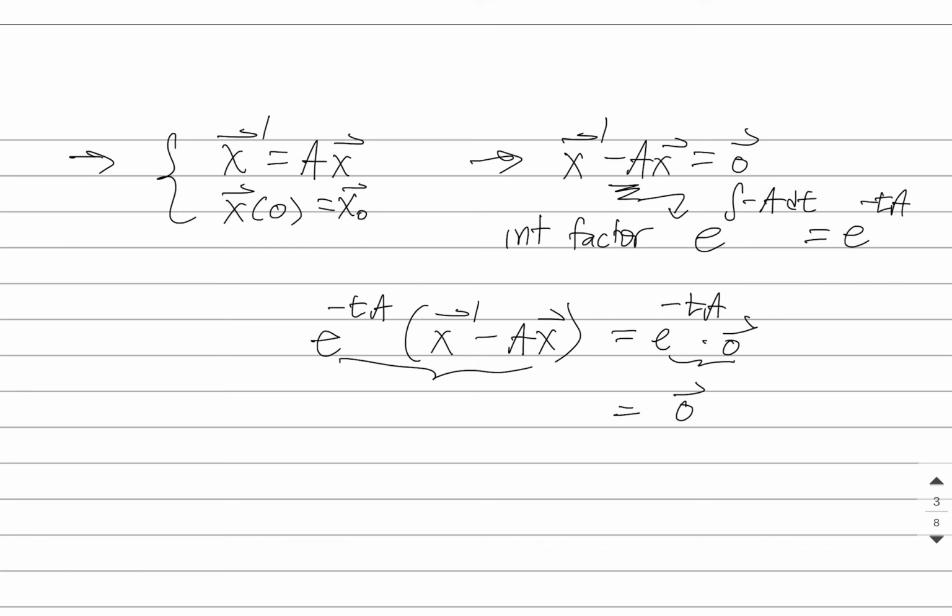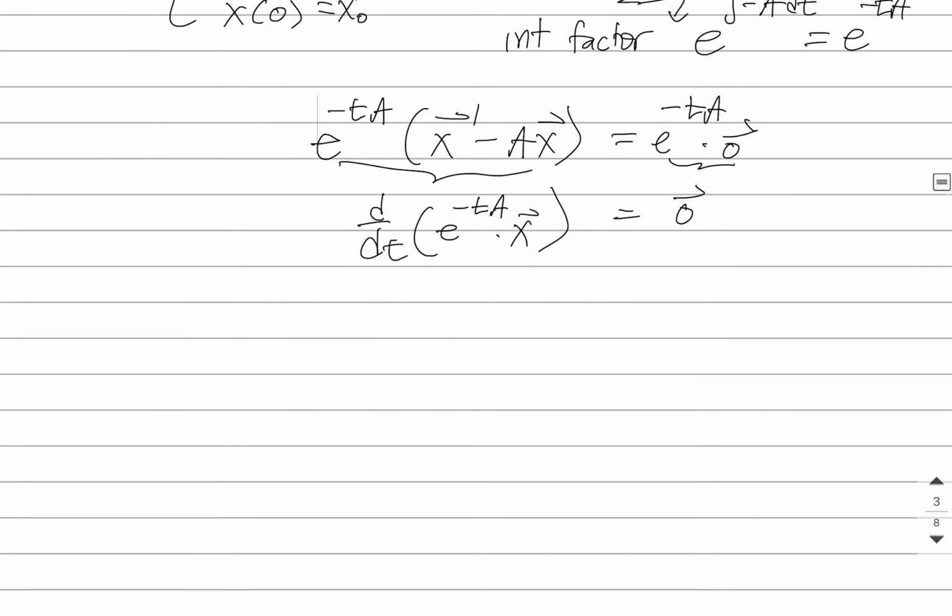And the whole purpose of doing this is because this will end up being the derivative of the product of this integrating factor times x. Just like before. And when we go ahead and we take the antiderivative, over there is going to give us a constant vector.